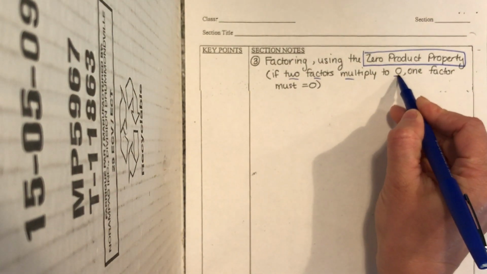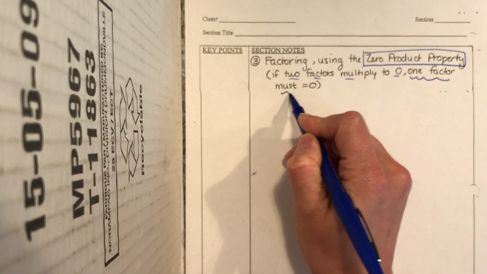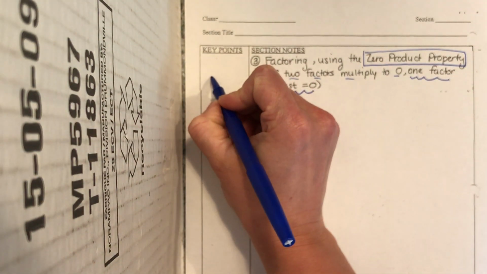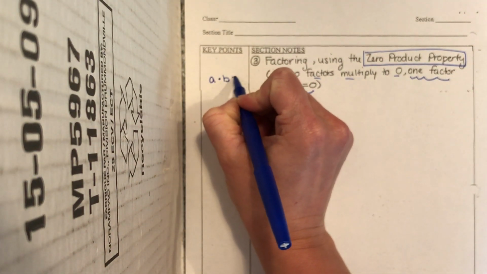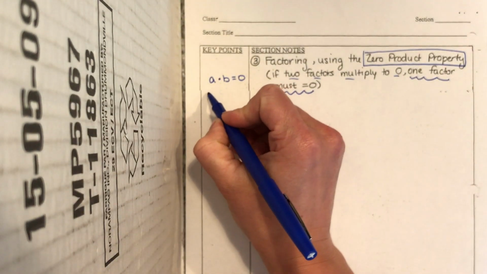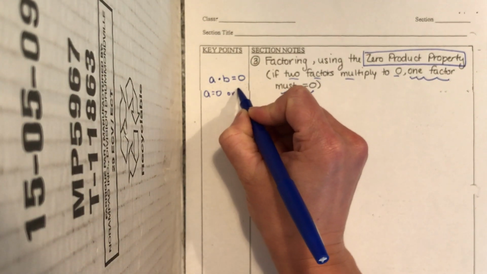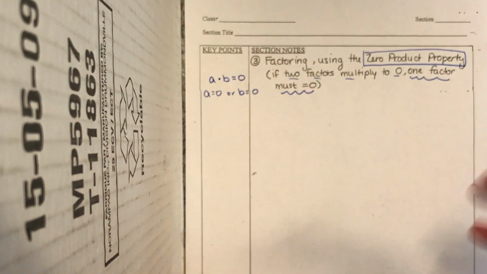The zero product property says that if two factors multiply to 0, one of those factors must equal 0. So for example, if I had a times b is 0, well, then we either know that a has to be 0 or b has to be 0, because otherwise I couldn't end up with an answer of 0 when I'm multiplying.